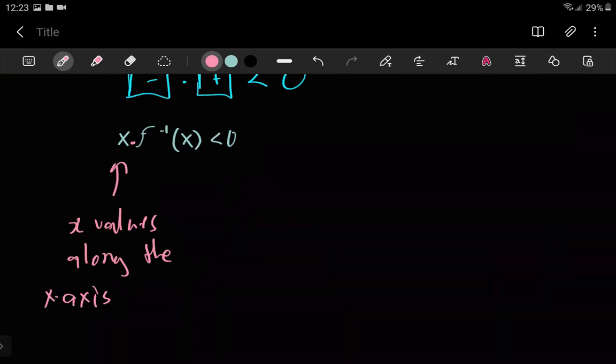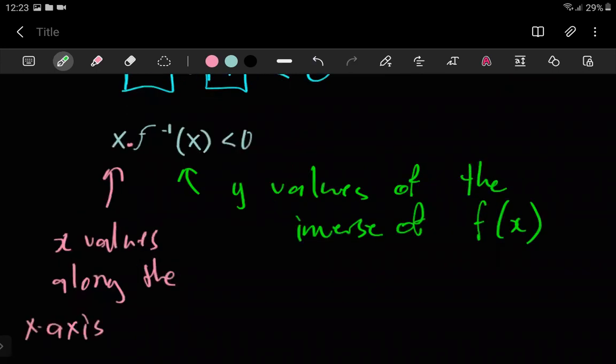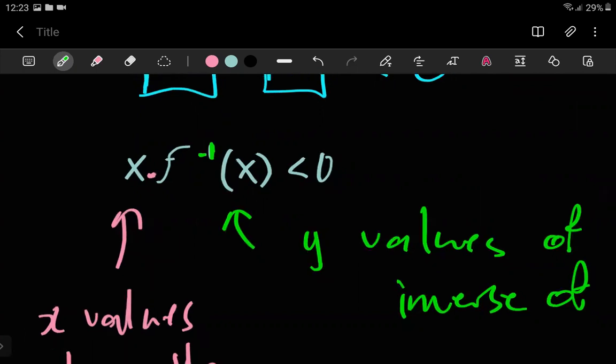This next symbol, let me use a different color, is referring to y values of the inverse of f. That's why here you have a negative exponent to show that you're dealing with inverse.